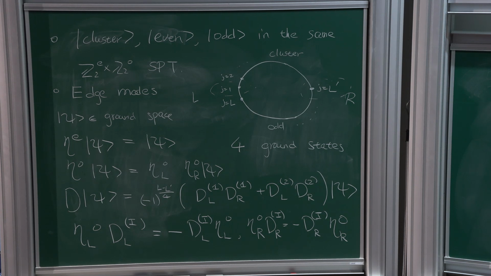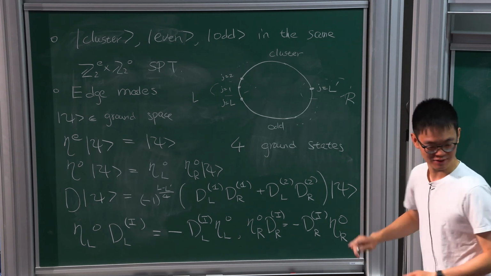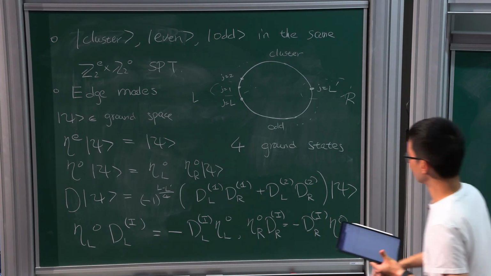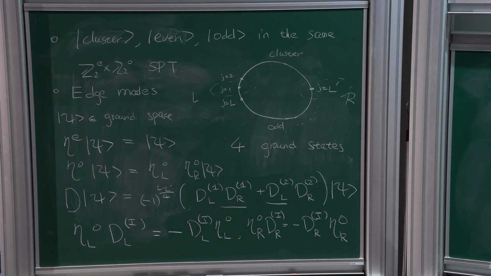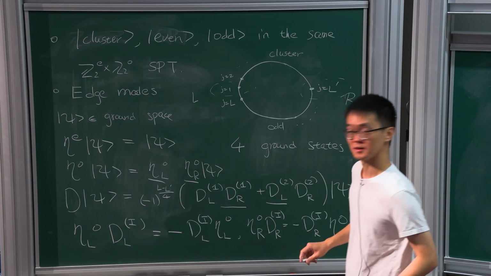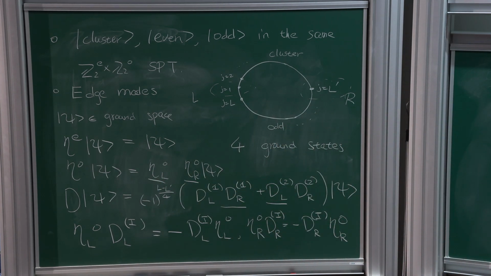Is it clear that both D left 1 and D left 2 now become symmetries of the Hamiltonian? No. The answer is that only, let me see my convention, only this one and this one commute with the entire interface Hamiltonian. And also this too, but not the other two. Honestly, I don't quite know why, but this is the only consistent way out.